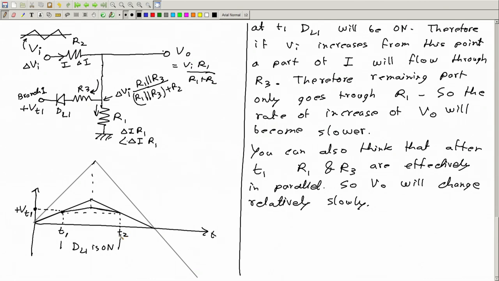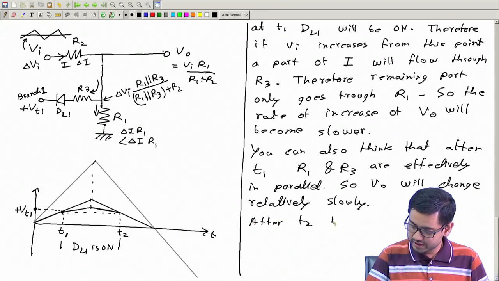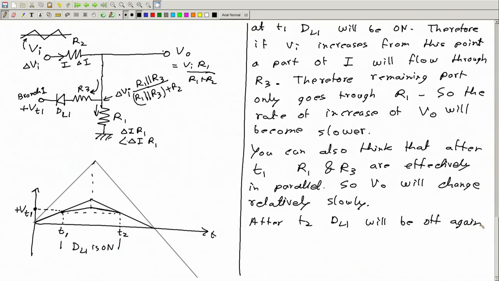If I call this time T2, after T2 DL1 will be off again. So you can ignore this branch, DL1 is off here also. Now R3 is not there in parallel with R1, R1 is there alone effectively. So this will now decrease faster, just like this, symmetrically.